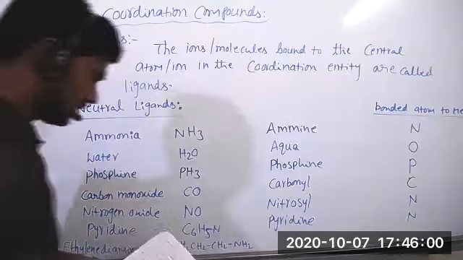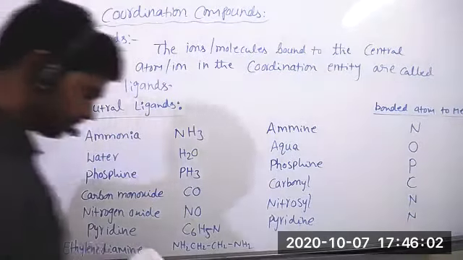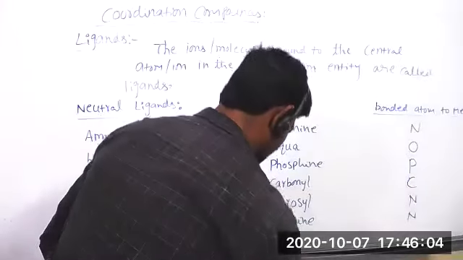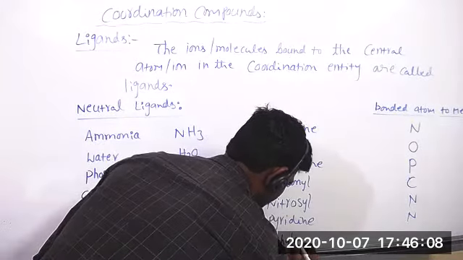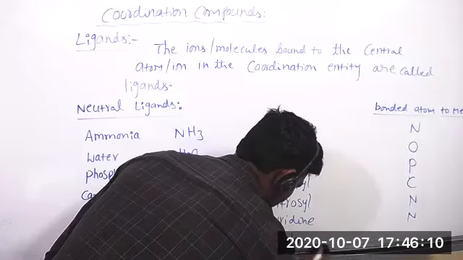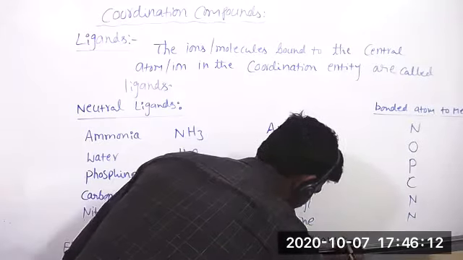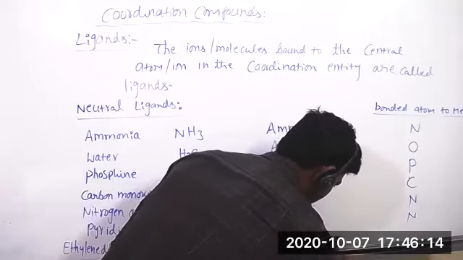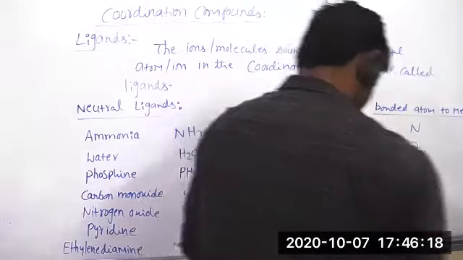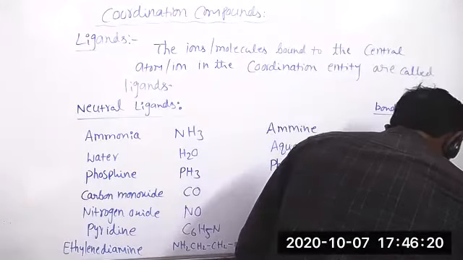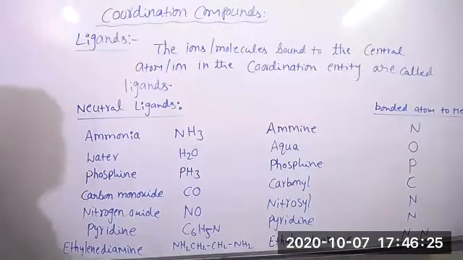It won't carry any charge. Same, we use the word ethylenediamine. Donor atoms: N comma N. So 2 nitrogen atoms are bonded to the central metal atom.